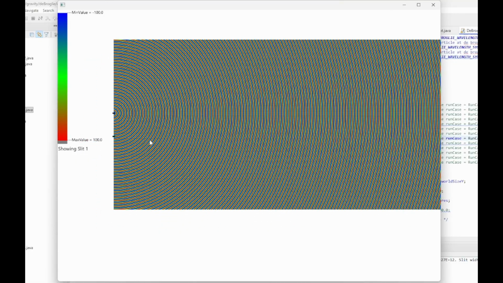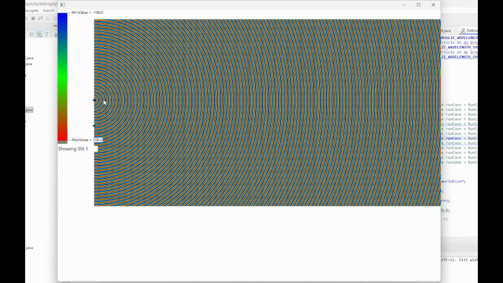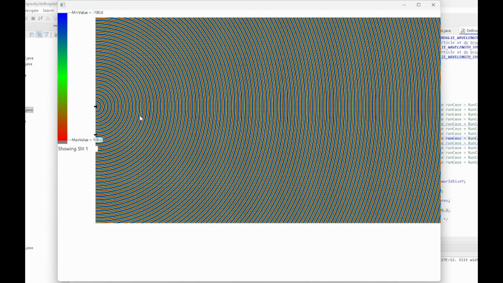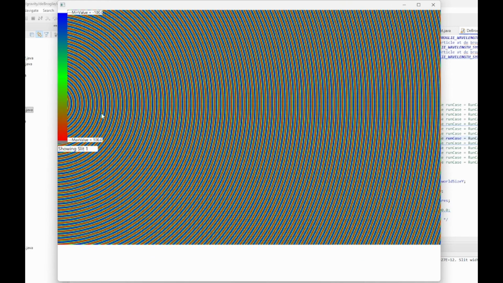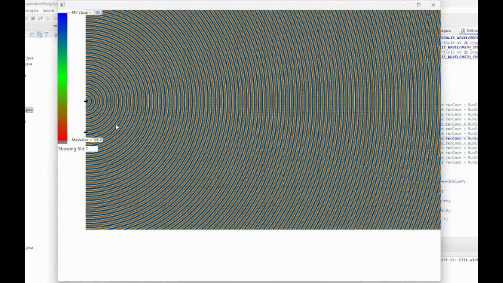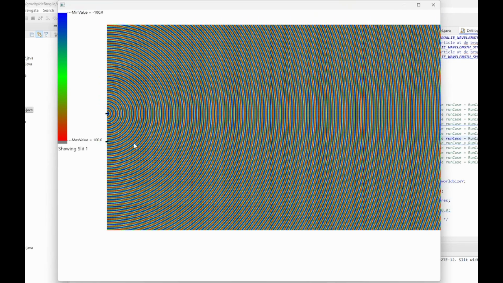Okay, so now if you notice, the wavelength of the particle on the upper slit is quite a bit smaller than the previous one. Any sort of weird coloring or shading that you're seeing here is just a little bit of aliasing, because you can only do so small of grids before the thing takes too long to run. So the top slit is where the particle is, short wavelength.